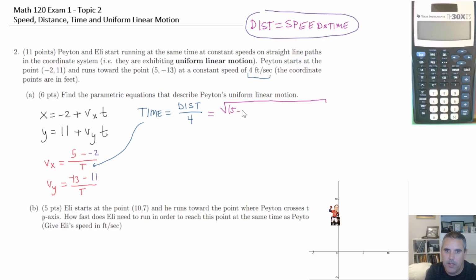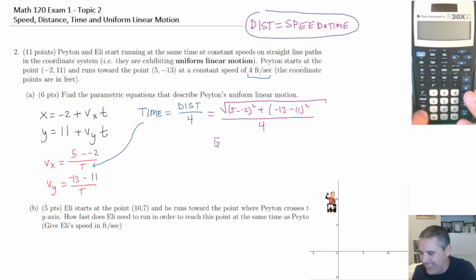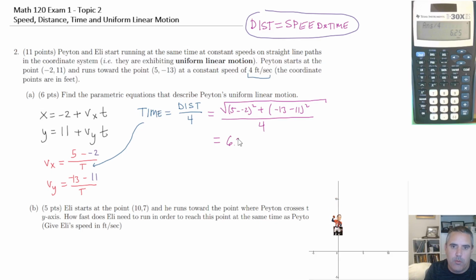So 5 minus -2 squared plus, try to keep my order the same, and I computed this already. It's 7 squared plus 24 squared, square root of that. Oh, it's 25. So 25 over 4 is my time, or 6.25 seconds. And that allows you to finish the problem.